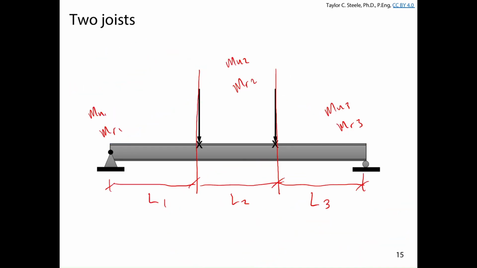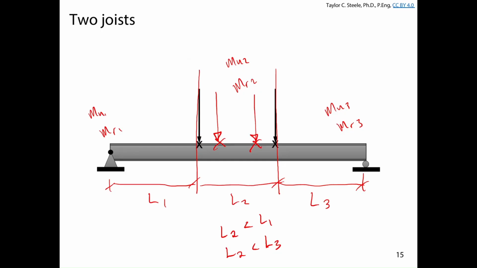Well, it might change if L2 is less than L1 and less than L3, right? If the point loads were closer together here and the lateral restraint was closer together, then we might be saying, okay, well, L1's bigger and omega 2 is bigger, so it's kind of a wash.